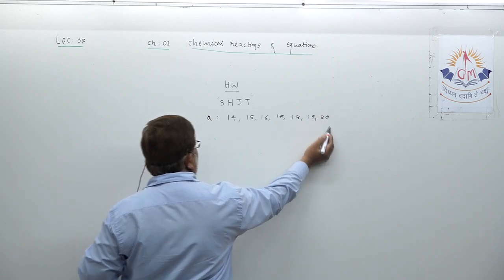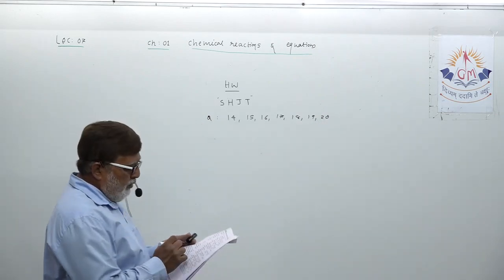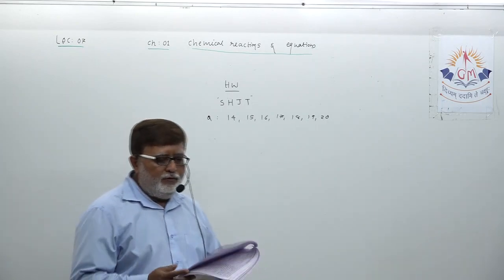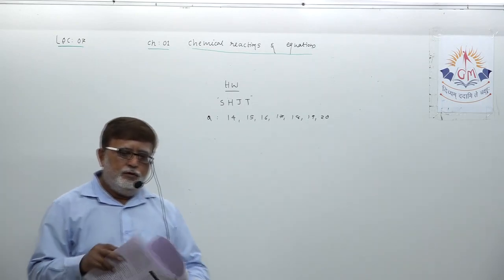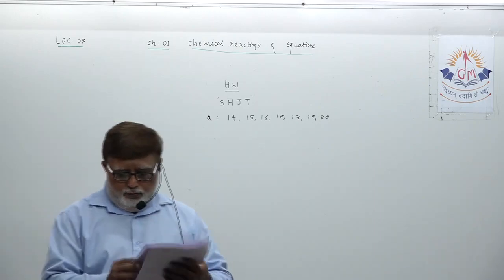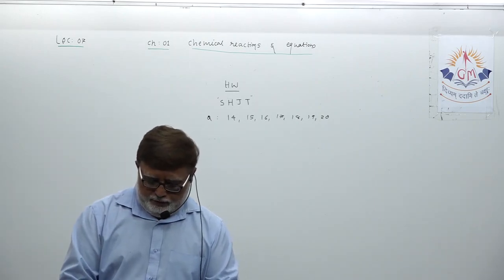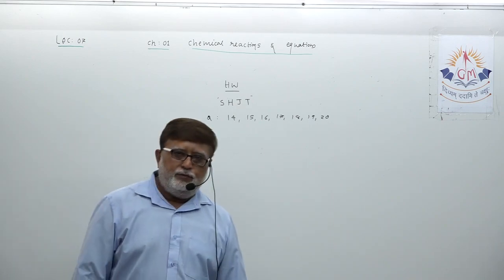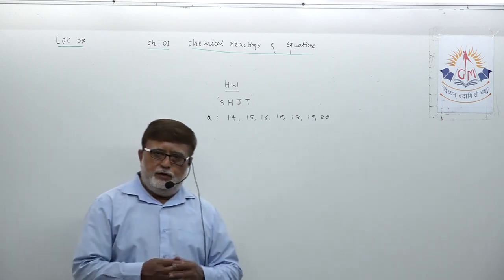I have given enough guidance and mentioned all references where to write, which activity to write in your short note. Okay, dear student? So in today's lecture, we are completing your chapter chemical reaction and equation.